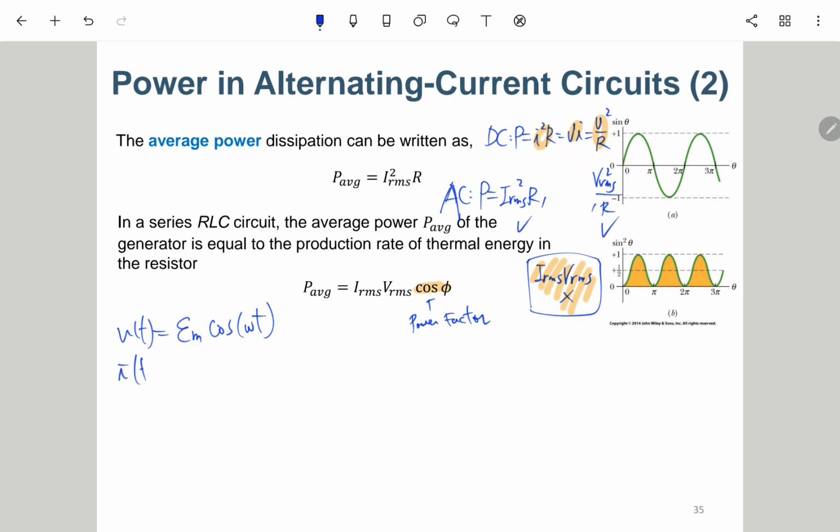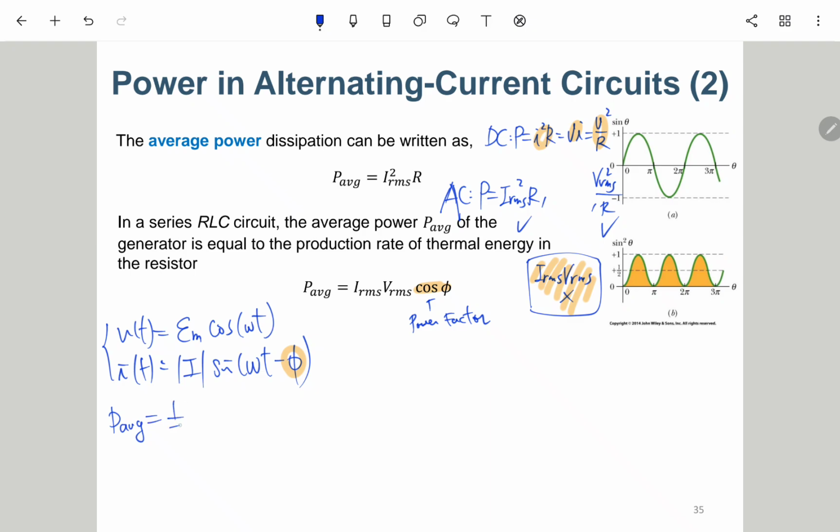And then I(t) will be, or maybe I can write it as an absolute value of I, and then sine of omega t minus phi, like this. Here the point is that they are not in phase. 它们不是同向的.